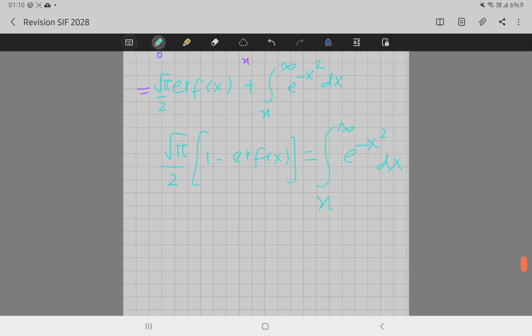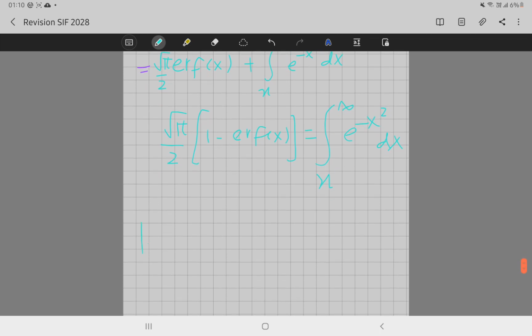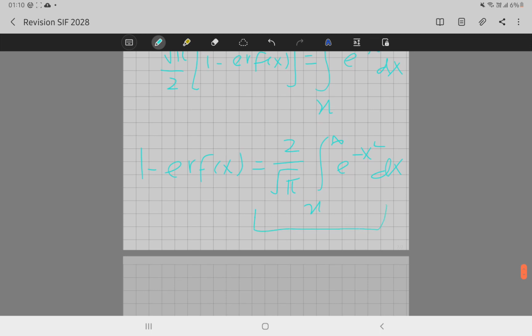Okay, multiply both sides by 2 over square root pi, so this will be 1 minus erf x equals 2 over square root pi times the integration from x to infinity of e to the minus x square dx. This thing we call the complementary error function, or erfc x.